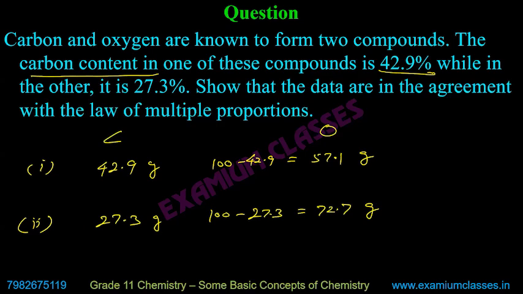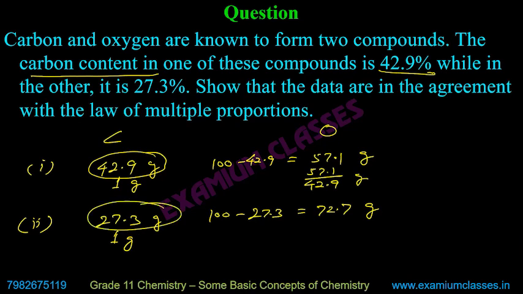So how can I fix the amount of one? Fix it to 1 gram, and you can apply the unitary method. If 42.9 gram carbon corresponds to 57.1, 1 gram will correspond to 57.1 divided by 42.9 gram.